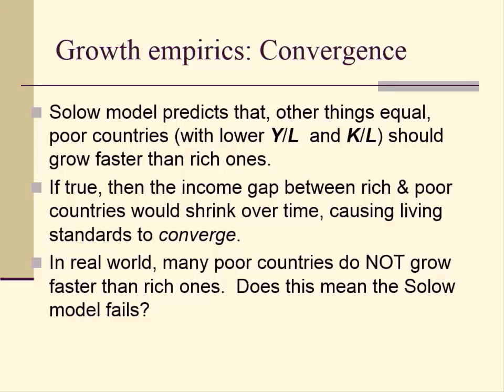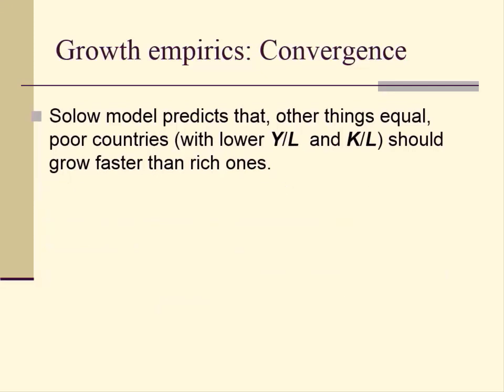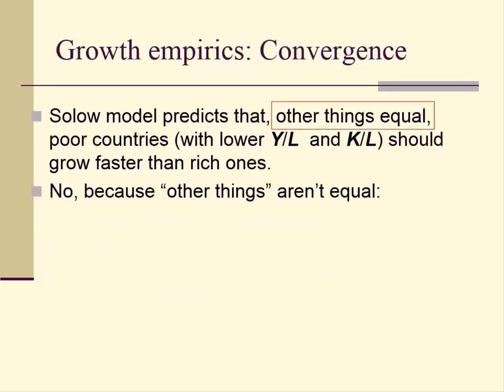Then the question is, does this mean the Solow model fails? Now let's look at it again carefully. The Solow model predicts that, other things equal, poor countries with lower output per worker and capital stock per worker should grow faster than rich ones. So to answer the question, does this mean the Solow model fails?